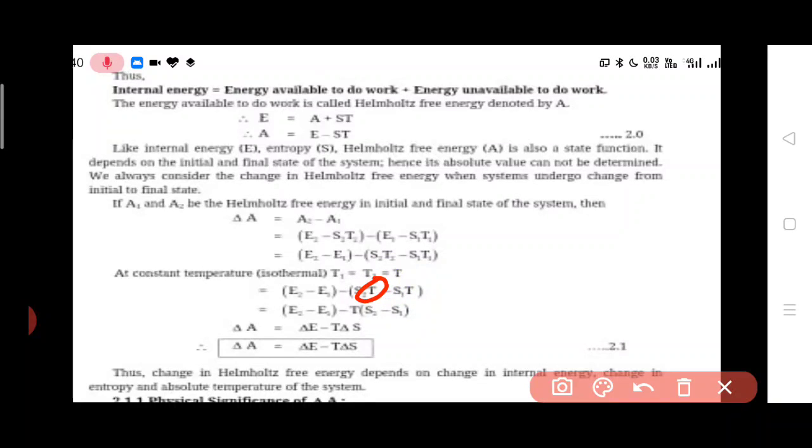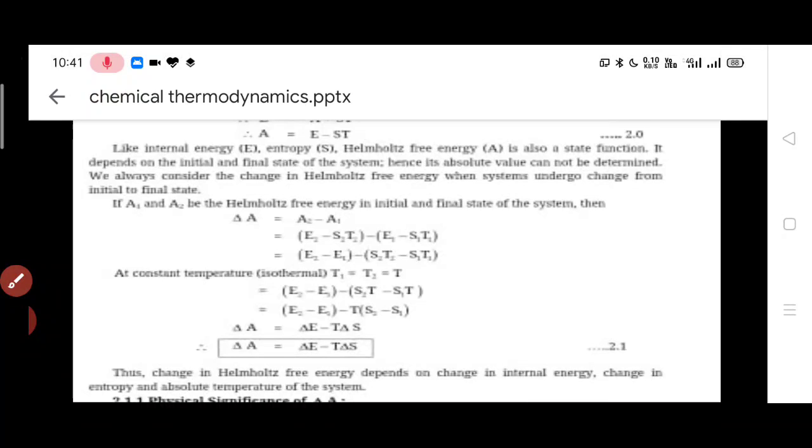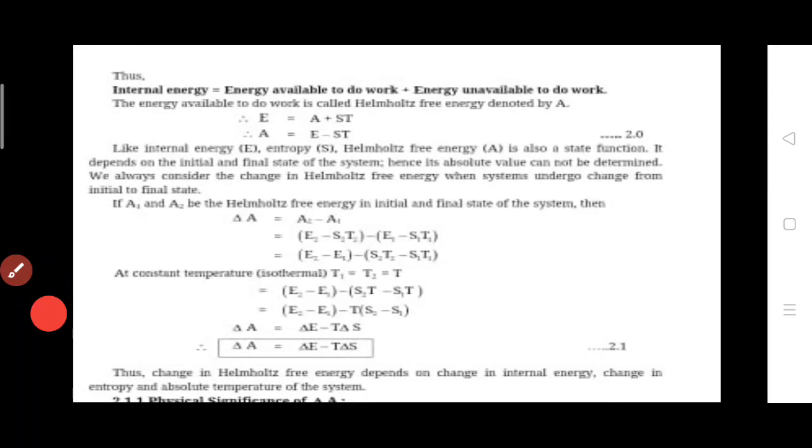This T will be taken out as common, and you will write S2 minus S1, which can be written as delta S. Therefore, this equation can be written as delta A = delta E minus T delta S. So this is the equation for change in Helmholtz free energy.